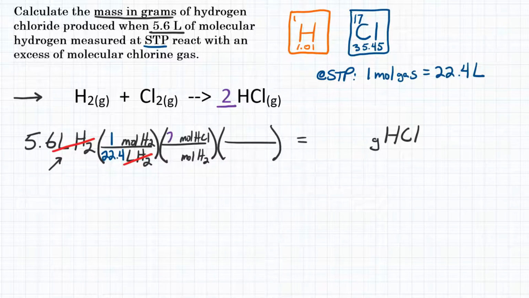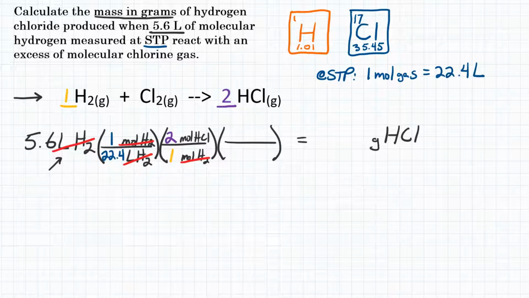So we'll put that up top with 2 moles of HCl. And then what is the coefficient in front of H2? Well, there's nothing there, and that means that it is a 1. A lot of times we don't write 1s in chemistry. So for every 1 mole of H2 that we react, we will produce 2 moles of HCl. So our units of moles of H2 will cancel at this point, and we have moles of HCl.